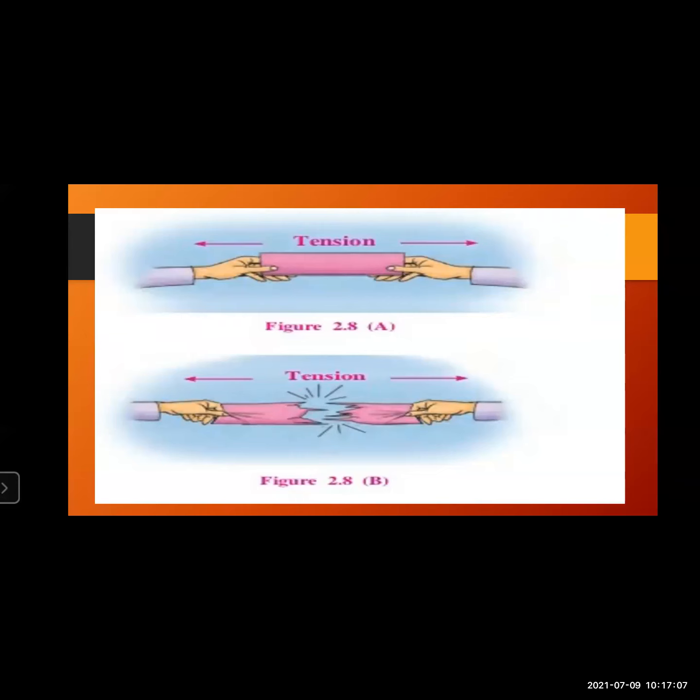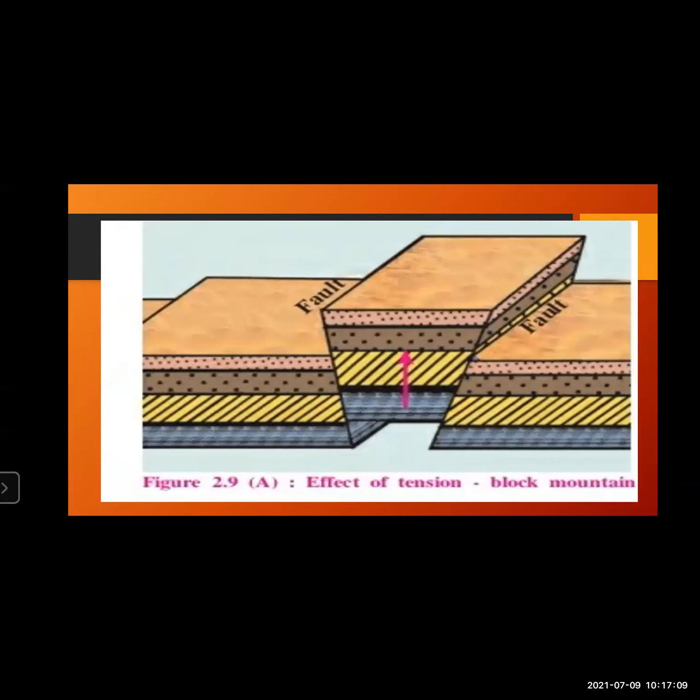So let's go to the next slide. Now, this is the effect of tension, what we have seen just now with the help of the activity, the paper strip. Now, the same thing is happening here.